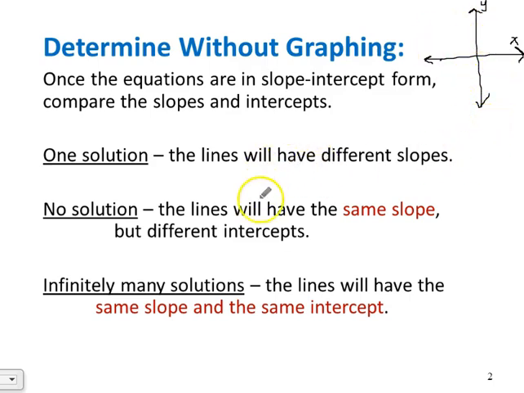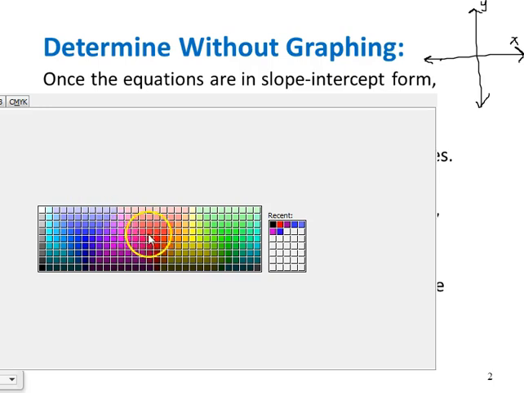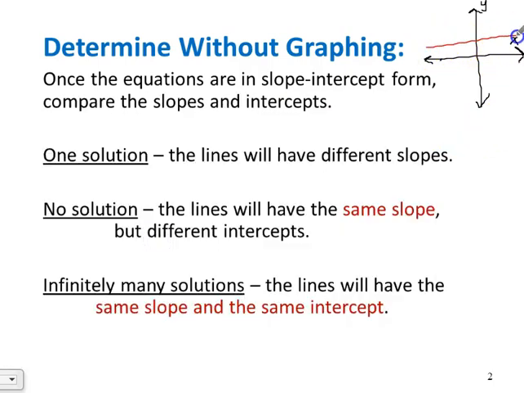So where we would have one solution, that would be if we graph both of our lines and they intersect. In that case, where we have one solution, we have to have our lines intersecting. In order for our lines to intersect, they would have to have different slopes.